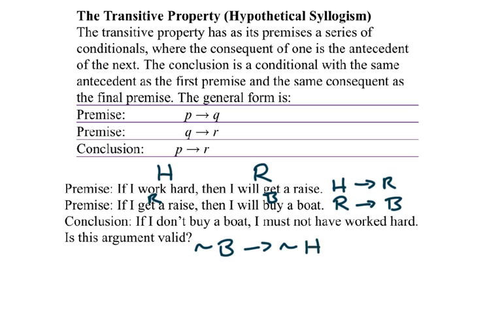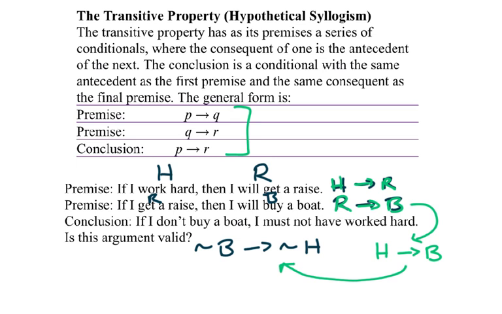Now, according to the transitive property, if we have H, then R, and R, then B, then the conclusion should be H, then B, according to this transitive property. That's not what we have here. However, this is another property called the contrapositive.